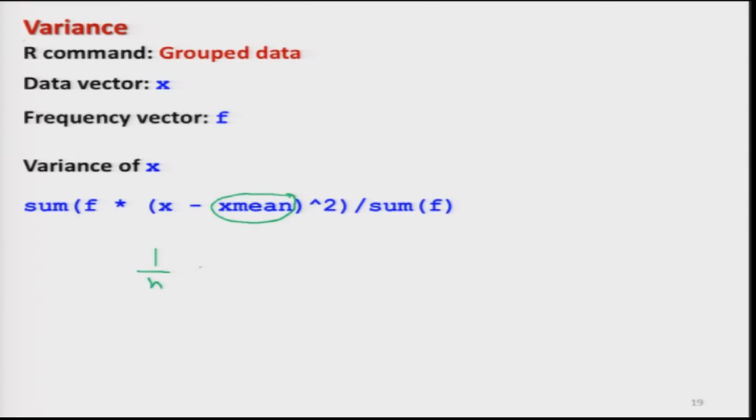So, in this case we are going to compute the mean as, say, x mean separately. If you look at the expression for variance, it was summation i goes from 1 to k of fi (xi minus x bar) whole square.